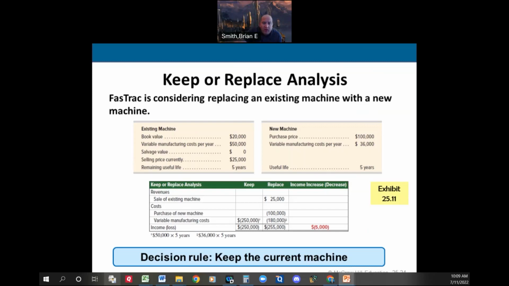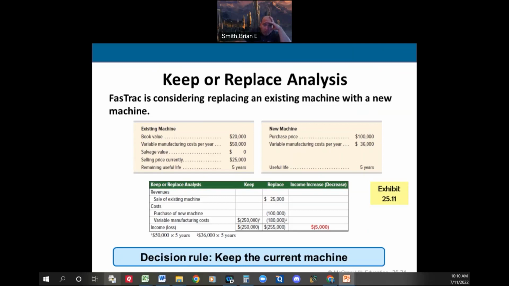So we're looking at the $50,000 of operating costs times the 5 years. And then we're going to look over here at our new machine and we're going to take the sale, add that to it, but then subtract out the purchase of the new machine at 100,000 and then our new variable manufacturing cost per year.